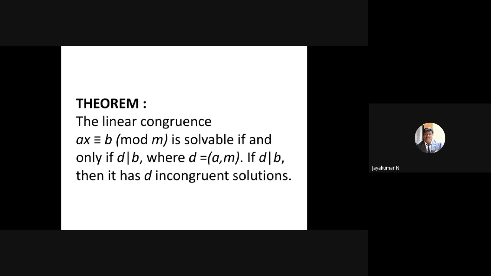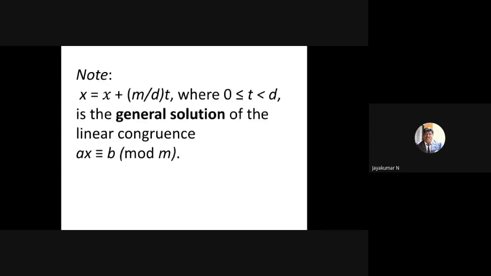Already the theorem was explained. We'll see the problems based on the theorem. Already ma'am derived this theorem.